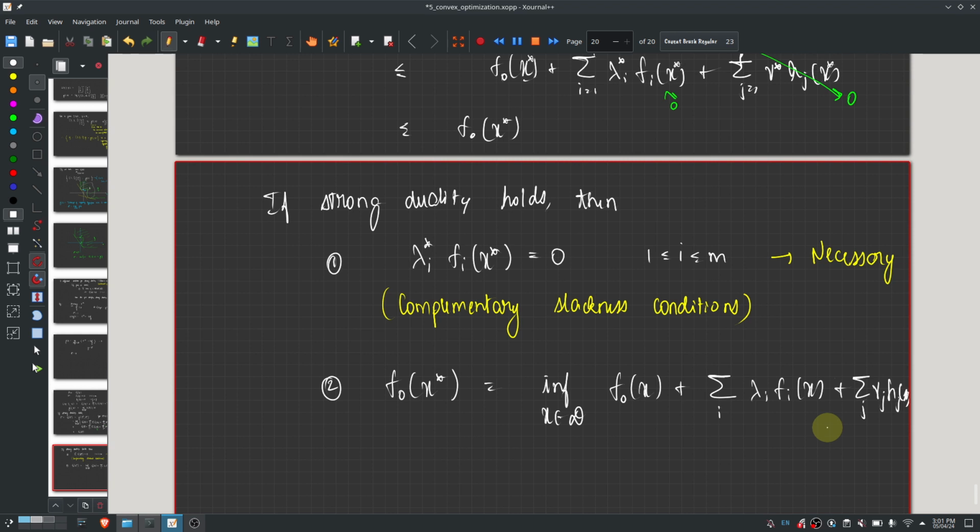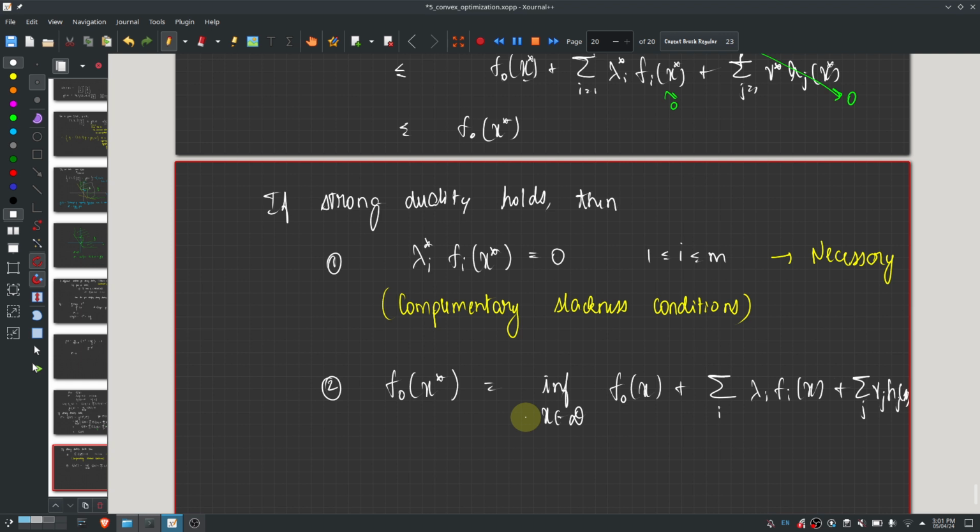Okay, remember the main point to focus on here is that this minimum is taken over all possible x. Now if all of these fi's and hj's are differentiable, then how do you find the minimum? Differentiate and set it equal to 0.